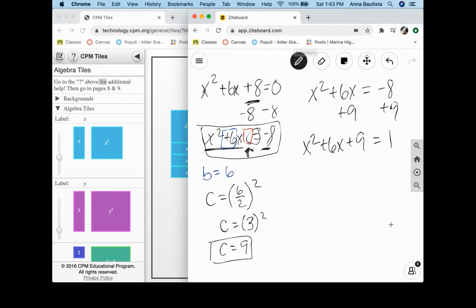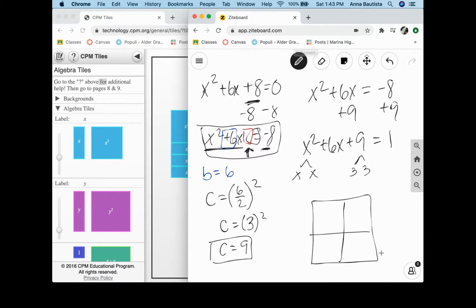So in order to factor this now, since we have our perfect square, we know that the factors of 9 are 3 and 3, positive 3 and positive 3 because it's a positive 9. We know that our factors of x squared are x and x. I'm going to use the box method to show you how it looks exactly like our algebra tiles.